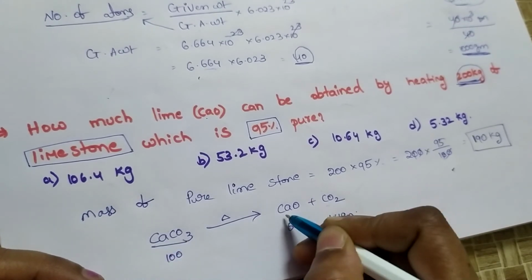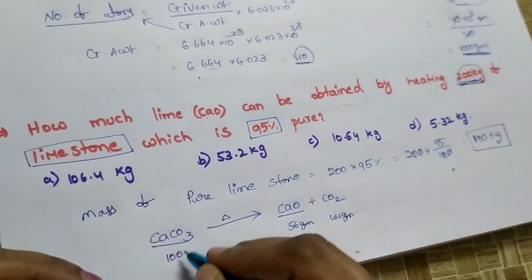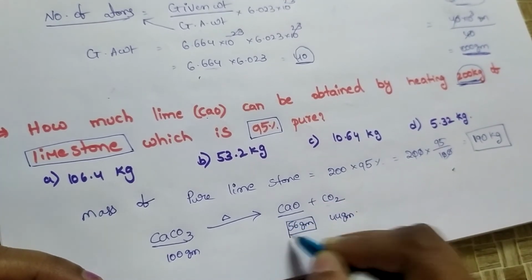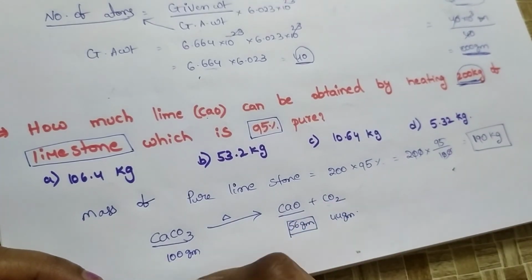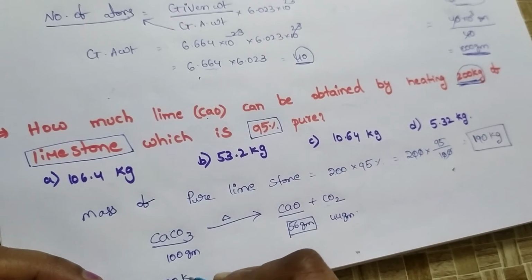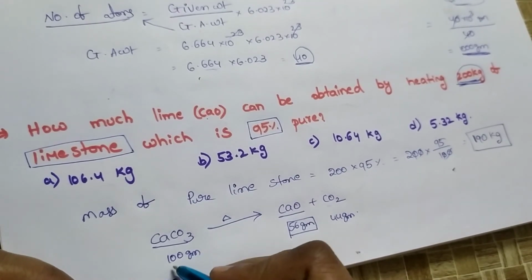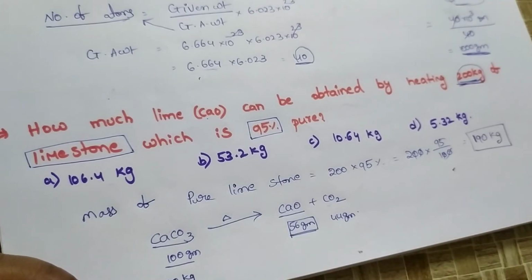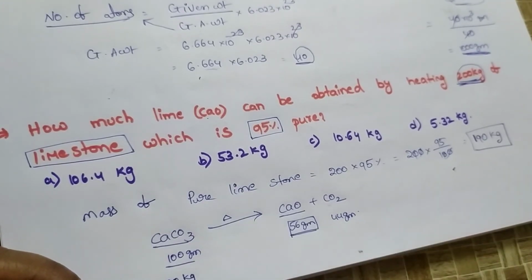Limestone means CaCO3, lime means calcium oxide. 100 grams is giving 56 grams of calcium oxide. Then what about 190 kg? Then 190 kg gives how much?